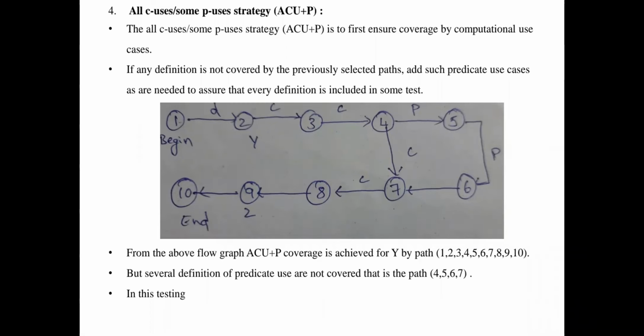In the 4, 5, 6, 7 path, only predication links are there, no computation link. So for this path, you have to apply this strategy, adding some computation links to the definition. This is the all CU, some PU strategies.